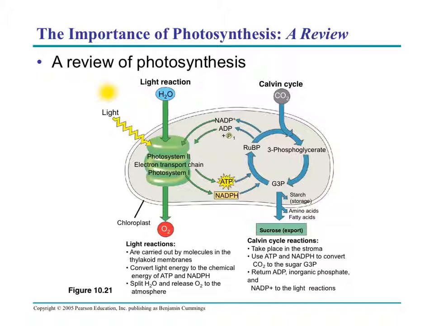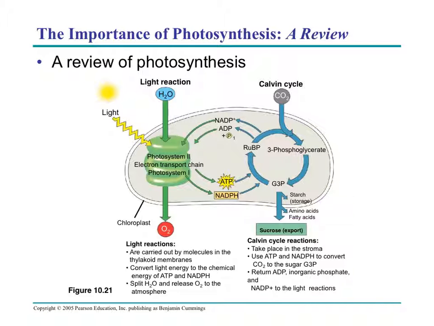So, let's just review all that we've talked about in photosynthesis. We have 2 steps, the light reactions and the Calvin cycle. The light reaction happens within the photosystems where we think of chlorophyll being, and it requires water. The photon of light comes in, it strikes the photosystem, and we need the water to actually replace those electrons that are being excited off of the chlorophyll, which leaves us with protons.